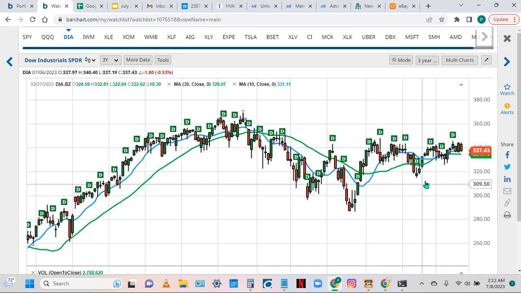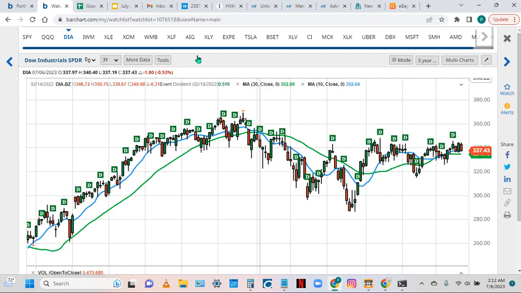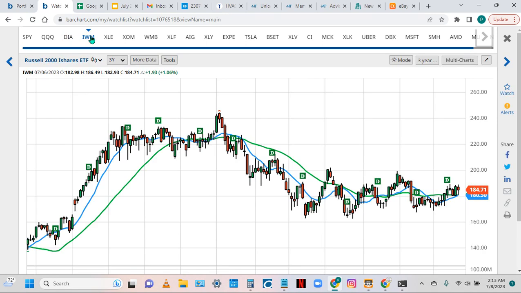But you can see higher low pivots indicating increasing buying pressure. But again, red week and a down day to end Friday. So I would call that relative weakness compared to the other two. And then the IWM broader index is actually showing a little bit of strength versus the other three.